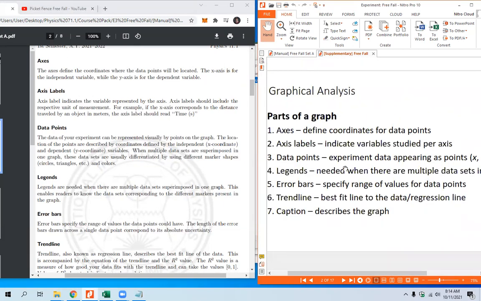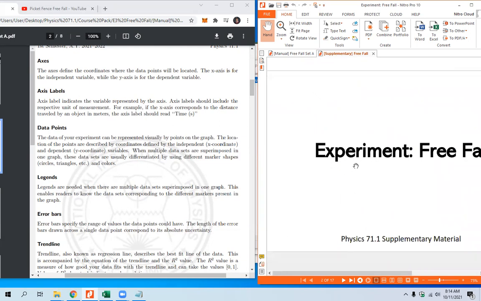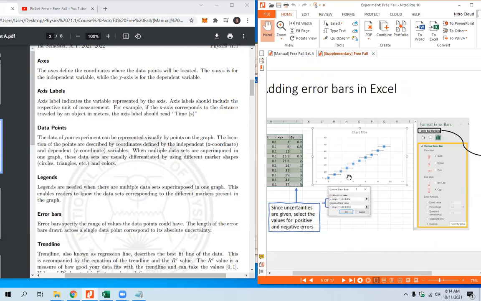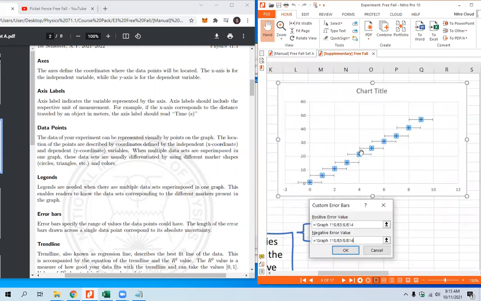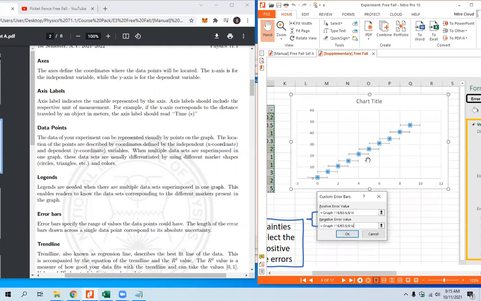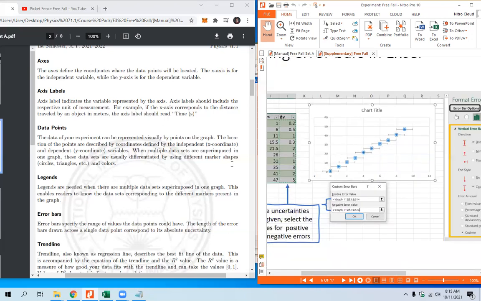Teka, hanap tayo ng ibang graph na mas klaro. Ito, this is another example graph. So they select itong parang clover. These are the actual data points that you get from your experiment. So one important thing, don't connect your data points together pag nagpa-plot kayo. Just leave them as dots. That's all that needs to happen.